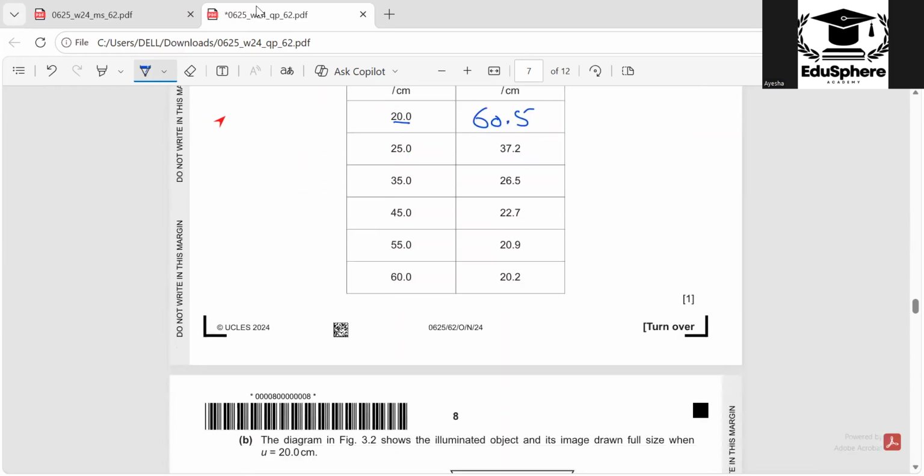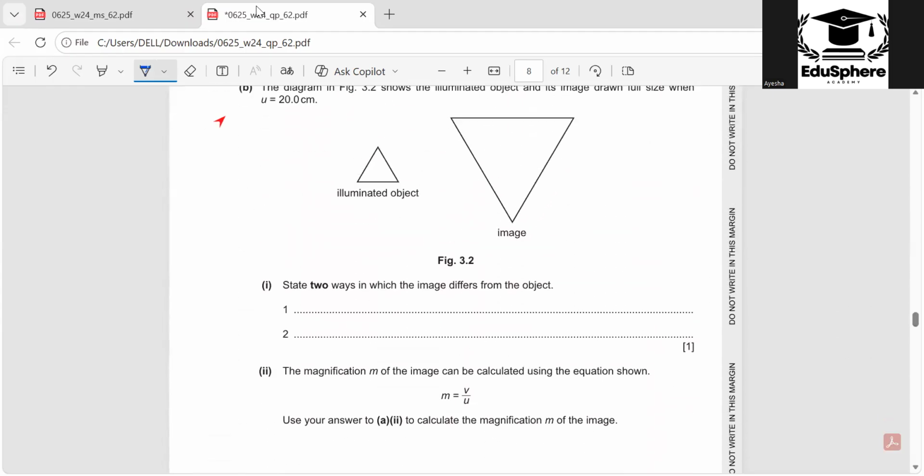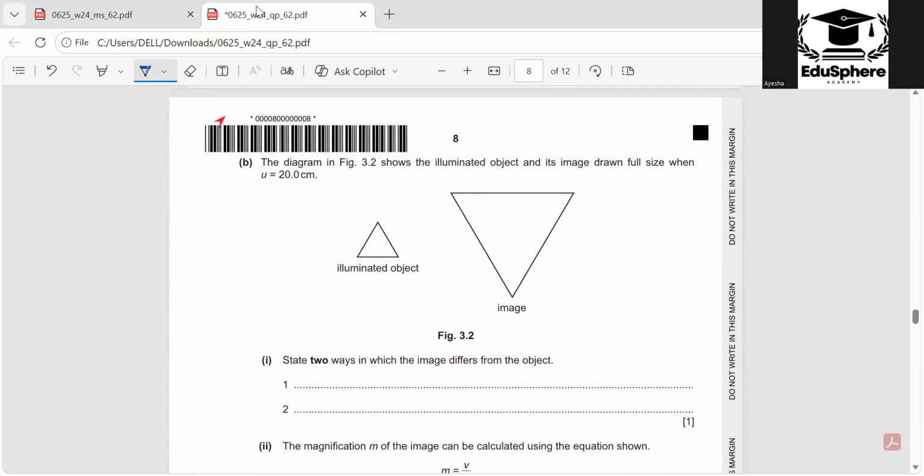All the values are given here. We may write all the values for the next part later on, because we have to make a graph as well. Now the diagram shows the illuminated object. This is the object and this is the image. What are the characteristics? Two ways the image differs from the object.